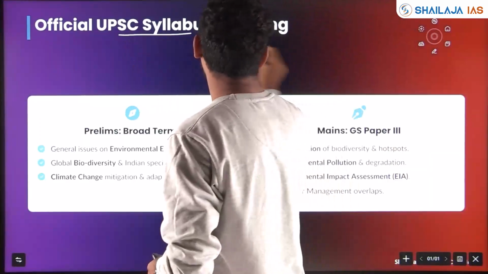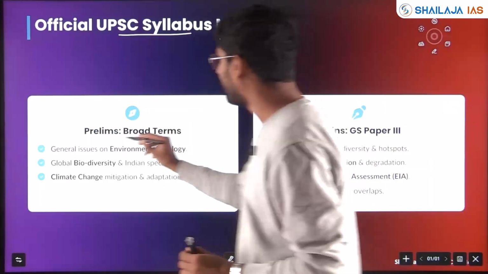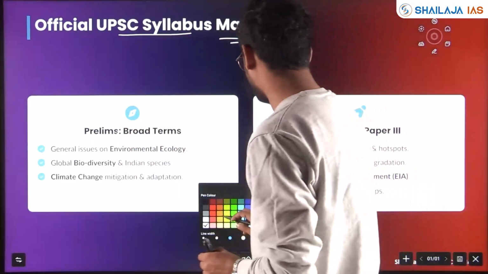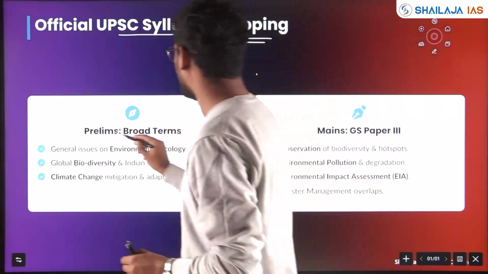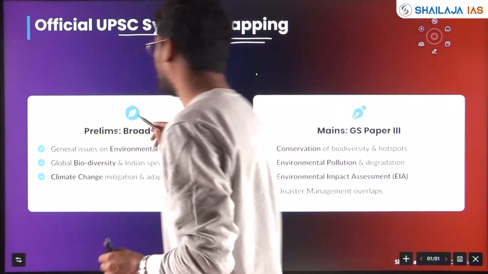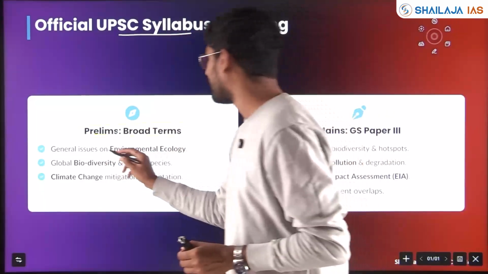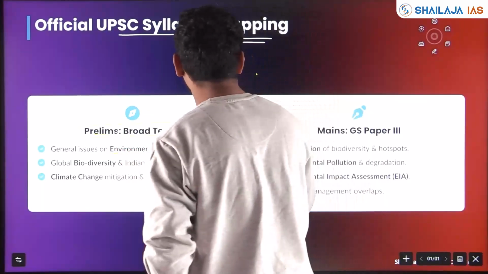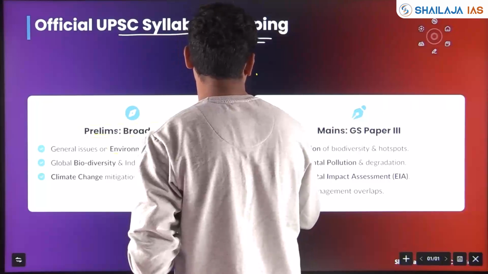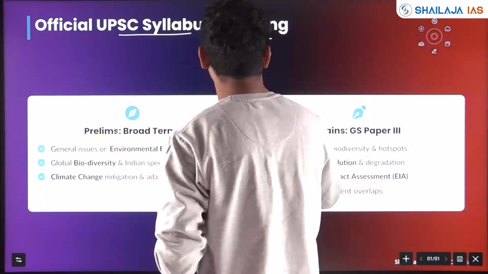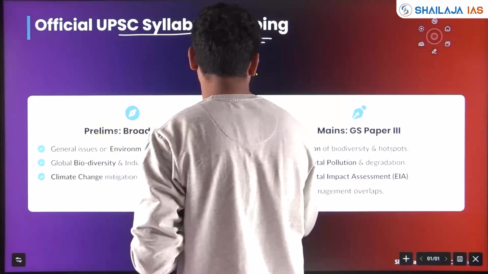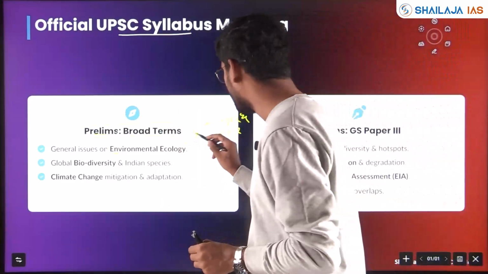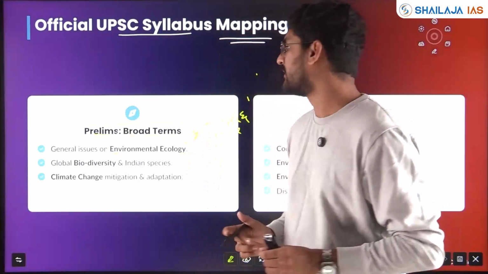This is the official UPSC syllabus. If you map it with respect to the prelims syllabus, the first topic is general issues of environmental ecology. All the concepts and terminologies will be asked from environmental concepts and ecology concepts.